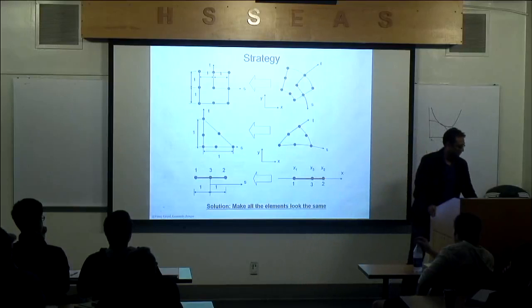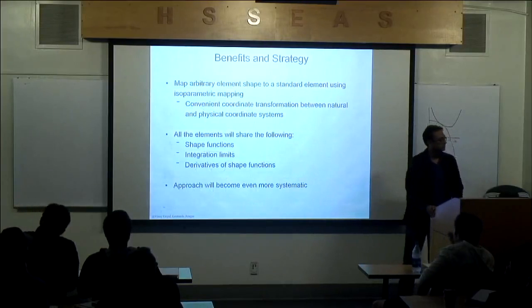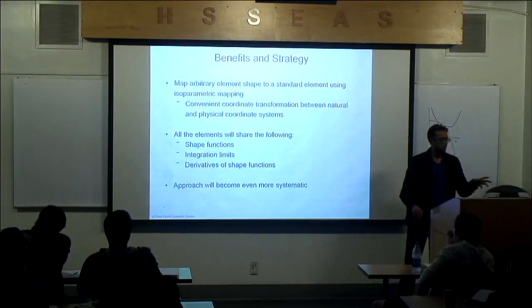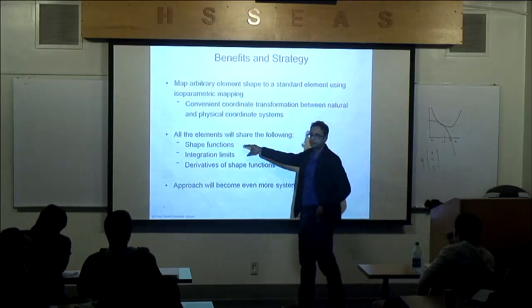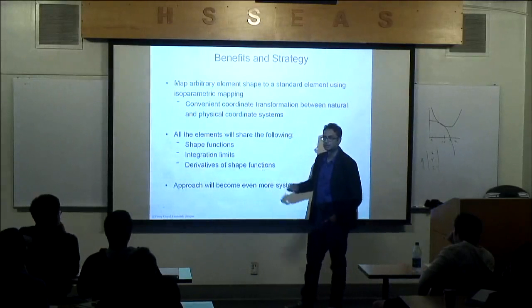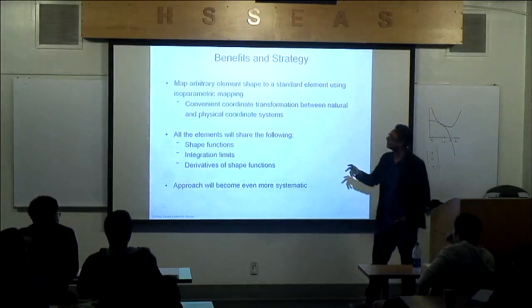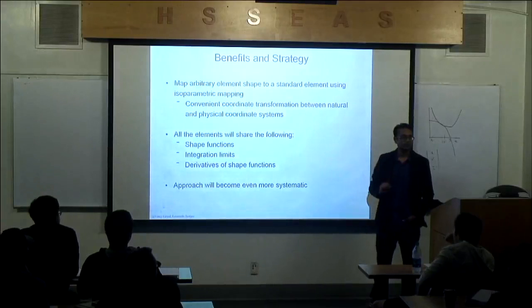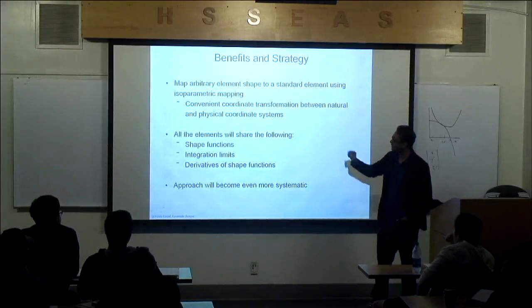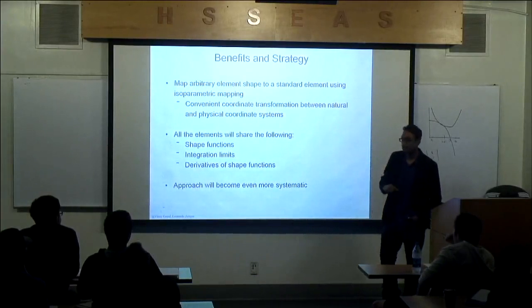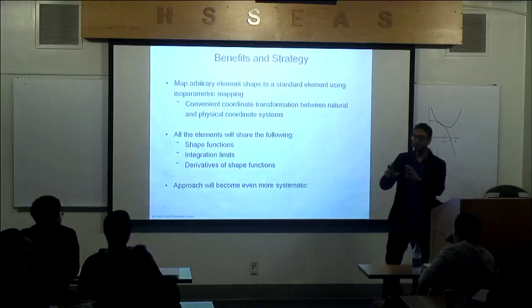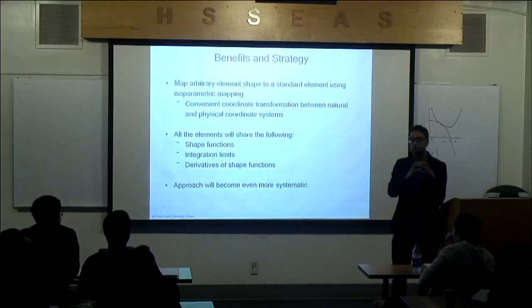Okay? So the strategy, the solution, is to make all the elements look the same. And so we want all the elements to share the same shape functions, the same integration limits, the same derivatives of the shape functions. And our technique is to map an arbitrary shape to a standard shape. Okay? And if I can do that using this technique called Isoparametric Mapping, then I will have a very systematic approach, because once I have that information stored in the computer, hey, I'm going to use this element type.